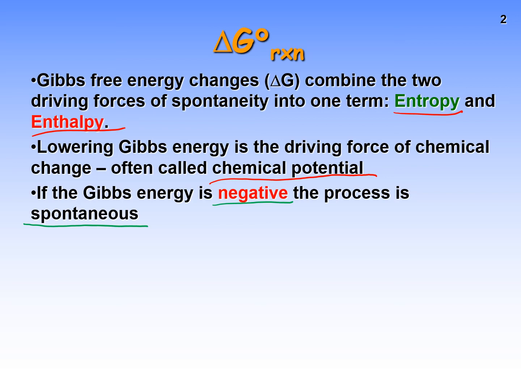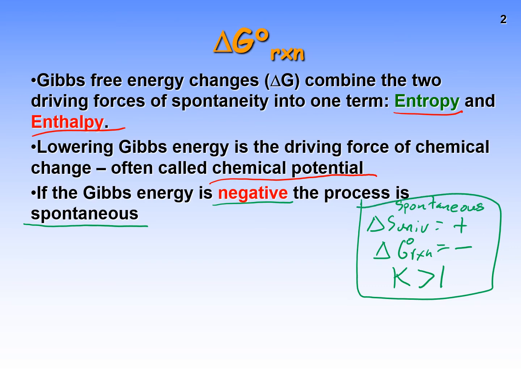So we can use delta S universe, which is positive for spontaneous processes. We now have delta G naught of our reaction, which is going to be negative, and our equilibrium constant is going to be greater than 1. If our process is spontaneous, all three of these things will be true.